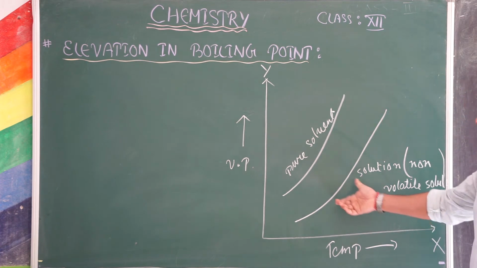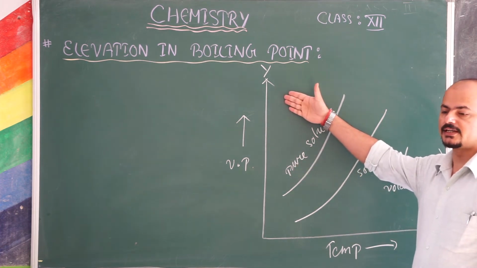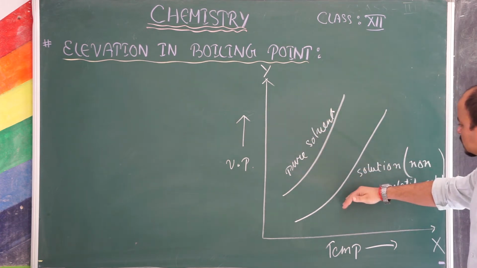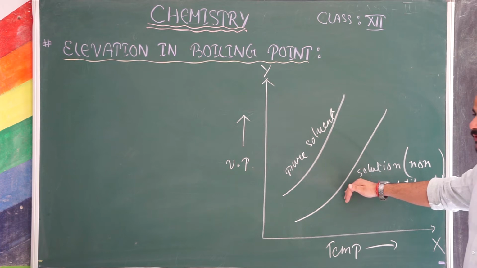We have obtained the two curves. For pure solvent, the vapor pressure curve will be higher, and for the solution which contains non-volatile solid, the vapor pressure curve will be lower.